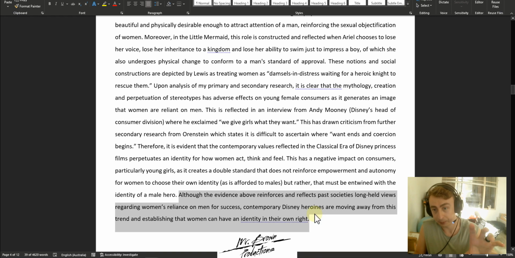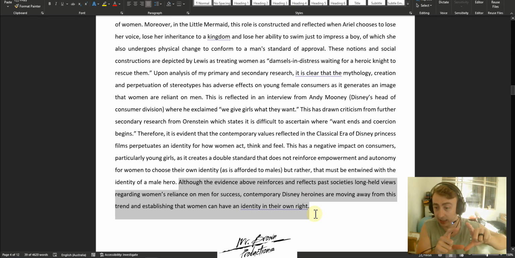So what this does is we can see that they're going to talk about that change over time within their next paragraph.